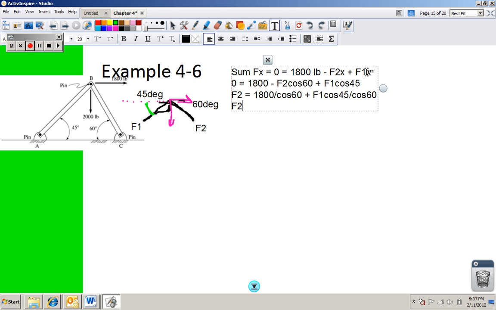Alright, so F2 becomes 3,600 plus F1 times 1.414.